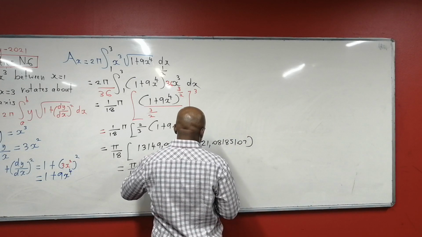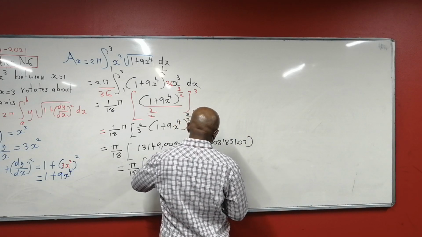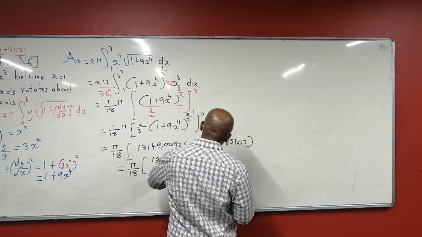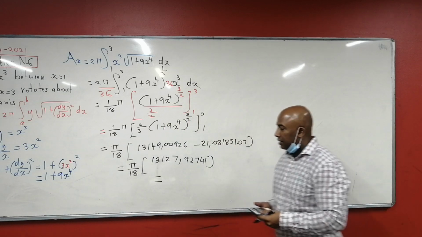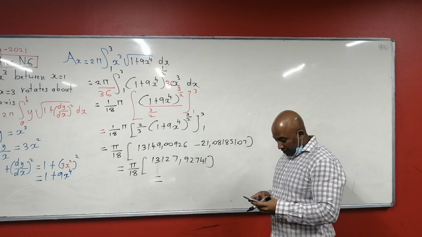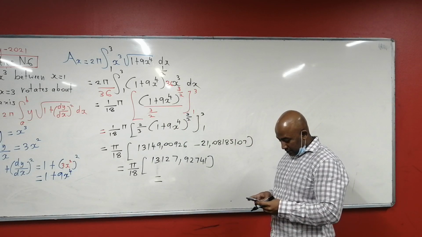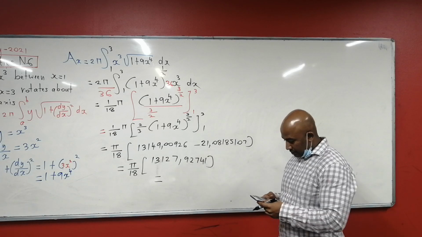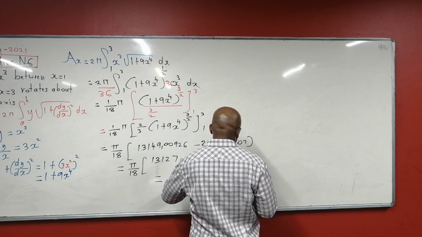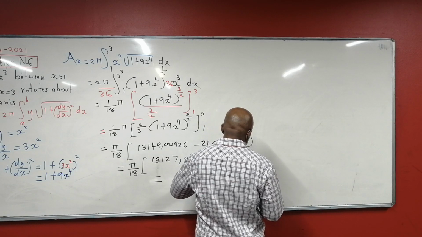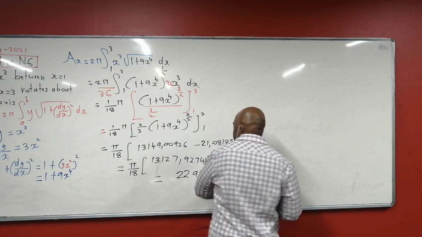Now I'm getting 1327.92741, and that's multiplied by pi over 18. I'm getting 2291.2555572.